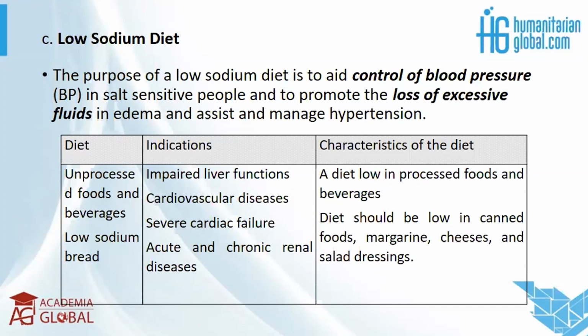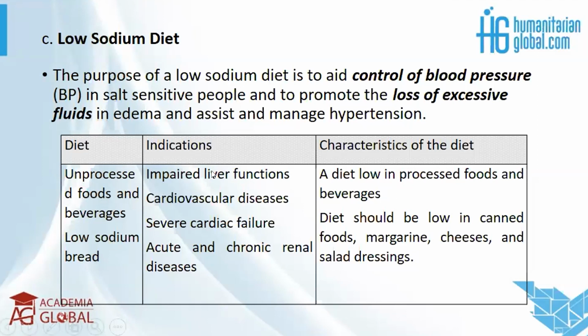Something like that, which we'll also study and understand fully when we are doing cardiovascular diseases. One way to have a low sodium diet is by using unprocessed foods and beverages. You know, processed foods and beverages have a lot of hidden sodium, so read the labels to make sure that we have low sodium foods, including bread and others.